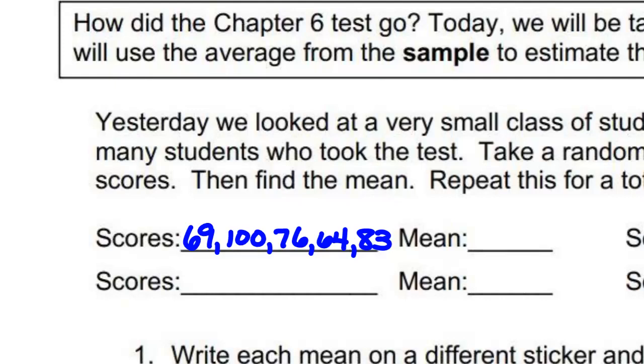So just go ahead and put them. Yeah, so you want to write the number, your mean number on each of those stickers. So you should have 4 different means, and then go up and put them where they belong on the graph.